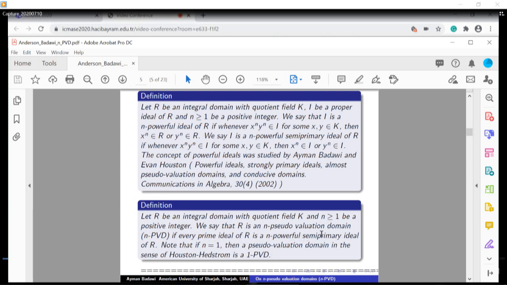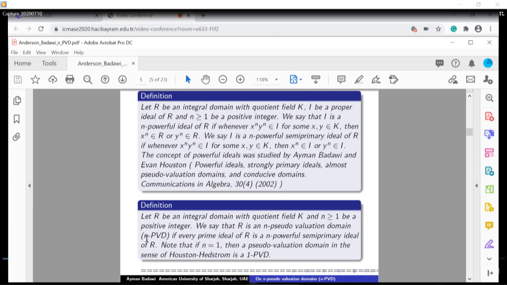What is an n-powerful semi-primary ideal? You see it here. It means whenever you have x^n, y^n in I for some x, y in K, then x^n has to be in I, or y^n has to be in I. If every prime ideal of R satisfies this condition, then R is called an n-pseudo valuation domain.